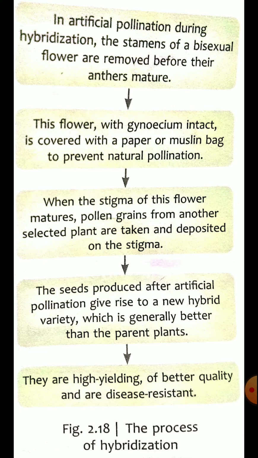The seeds produced after artificial pollination give rise to a new hybrid variety, which is generally better than the parent plants. They are high yielding or better quality and are disease resistant. So this is the process of hybridization.